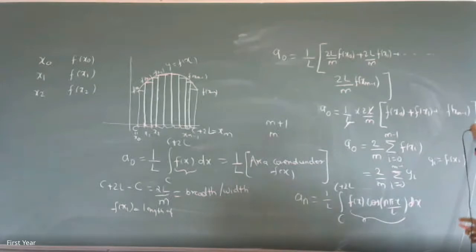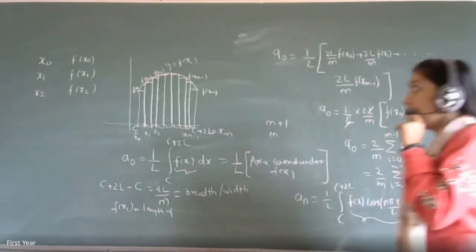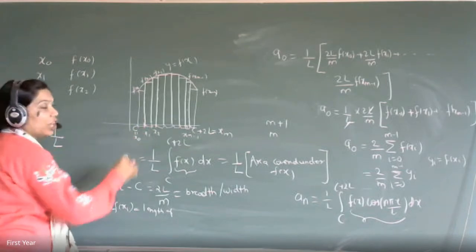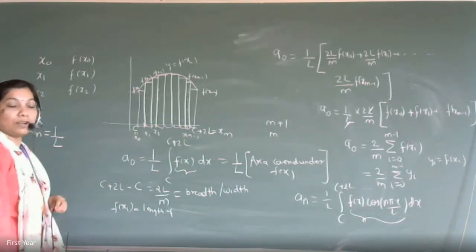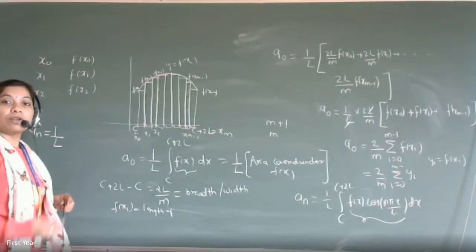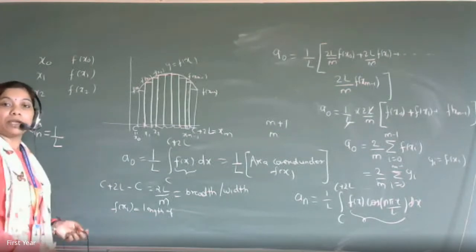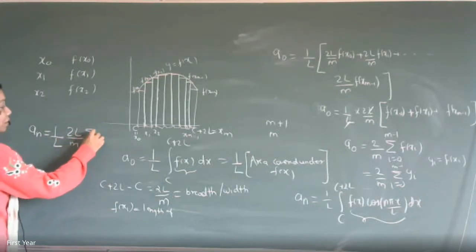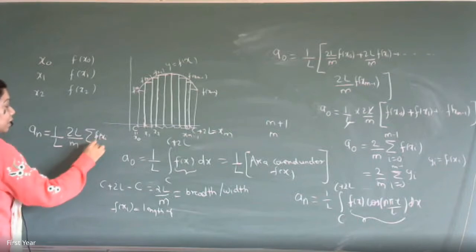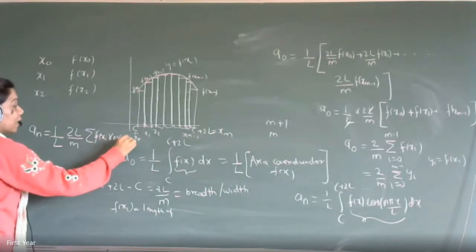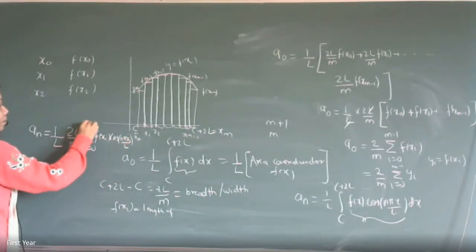Okay, and therefore your formula for an in terms of summation will become an is equal to obviously 1 by n will be there. Will the breadth change? No, because the same interval, same length we are dividing in n equal parts, and that's why it will become 2l by n into summation f of xi into cos of n pi xi by n, i going from 0 to n minus 1.